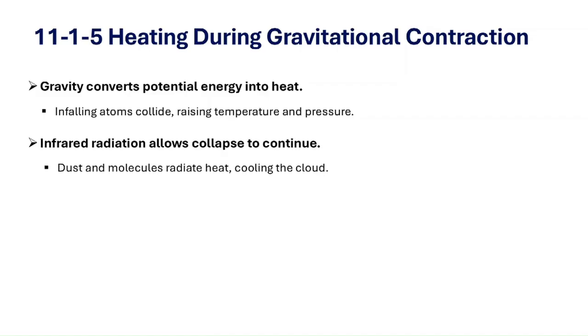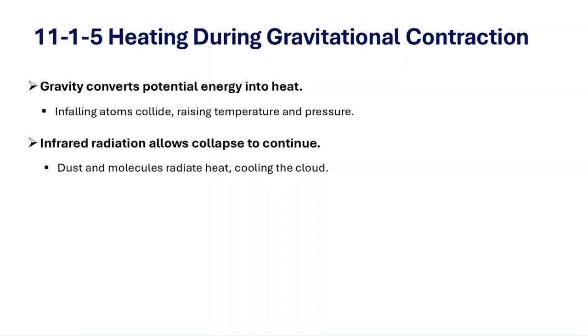And even though the gas heats up, it can still lose energy by emitting infrared light. So dust and molecules carry this energy away, letting the cloud keep collapsing. Again, you can think of it like letting steam escape from a pressure cooker. The cloud stays cool enough to keep contracting even while gravity keeps heating it.